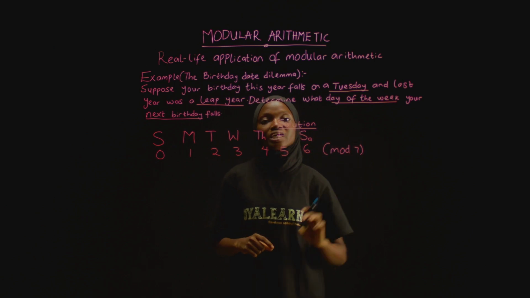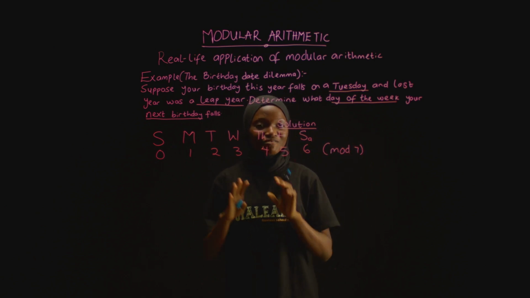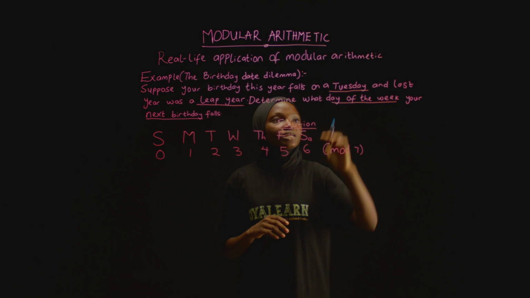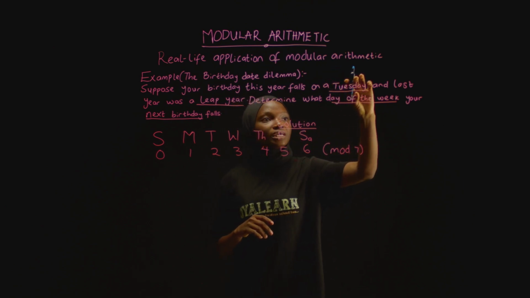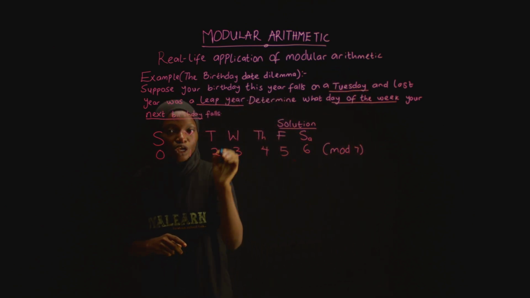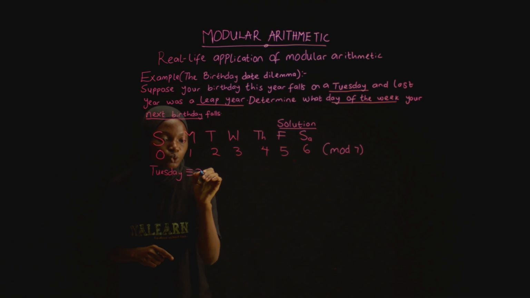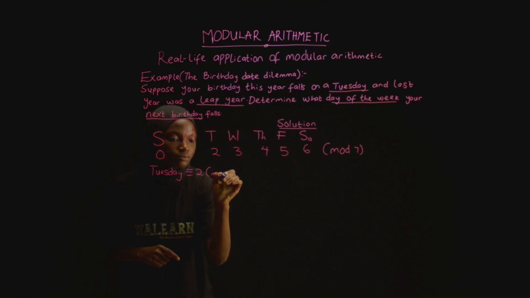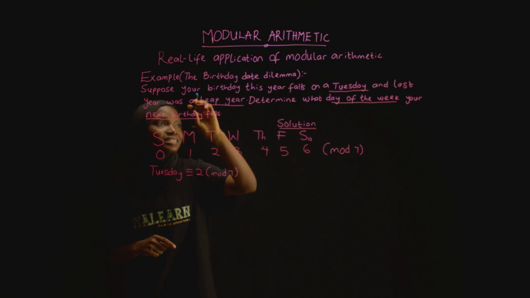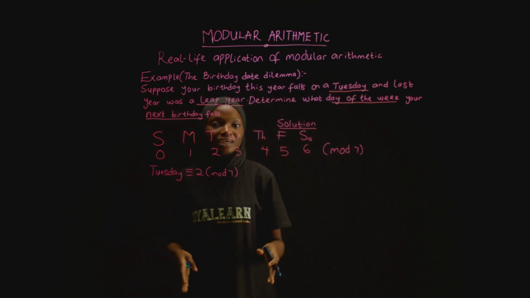That means we are working with mode 7 for the days of the week. Now Tuesday gives us a 2. So Tuesday will be equivalent to 2 in mode 7. That's the day of the week your birthday this year fell.